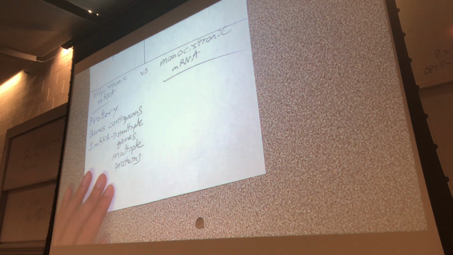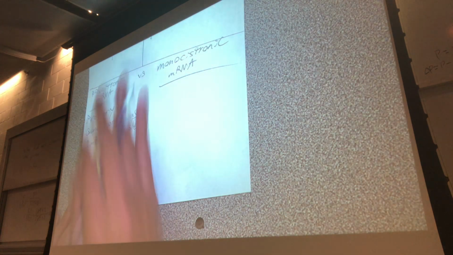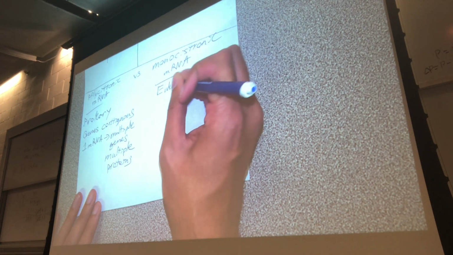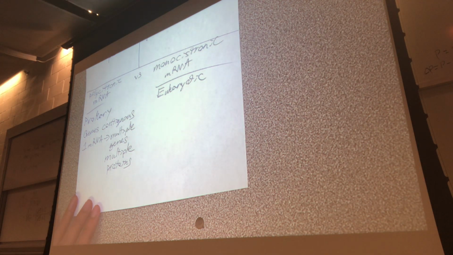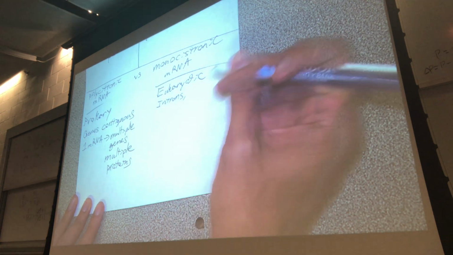All right. Let's contrast these features with monocistronic mRNA. Well, if polycistronic is prokaryotic, monocistronic is eukaryotic. Genes are not contiguous here. In fact, even in just one gene itself, it has things called introns and exons.